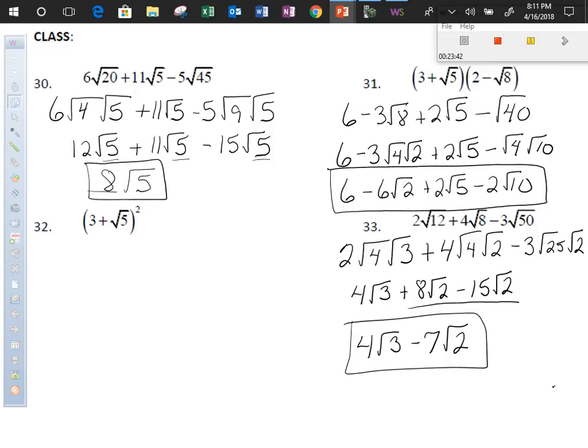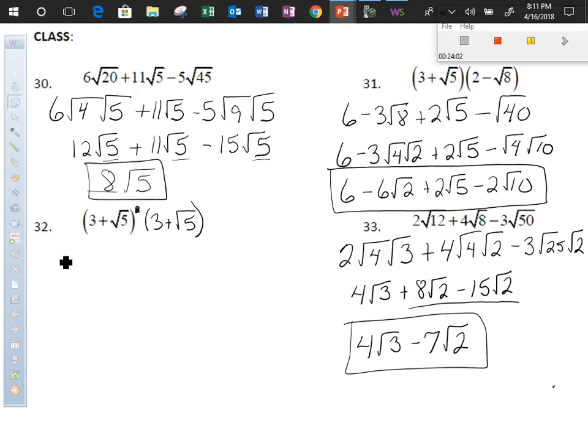And then my last one for you. My number 32, I got 3 plus the square root of 5, quantity squared. Now, the way we're going to handle this, I'm going to ditch this squared and write this again. That's our cue to use FOIL.